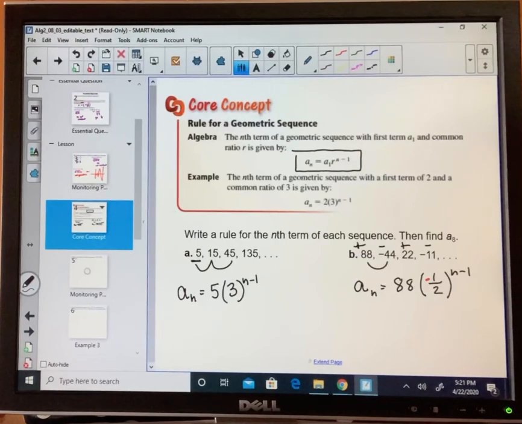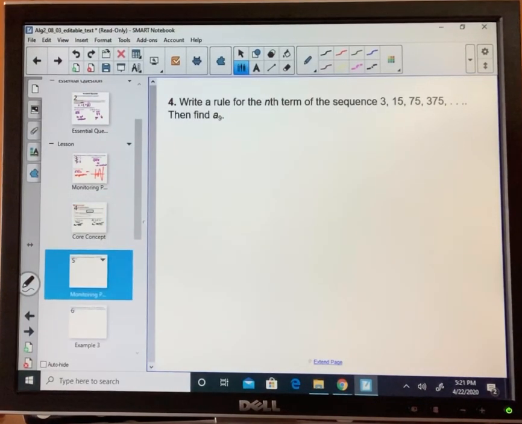All right, so go ahead and pause the video and try this one. Again, this first term is 3. I'm saying, okay, well, what's happening each time? I'm multiplying by 5, so it would be 3 times 5 to the n minus 1. Now, if I wanted to find a of 9, all I'd have to do is plug in 9.